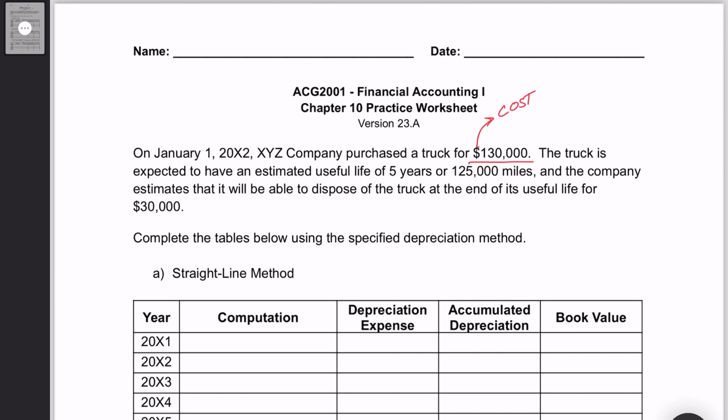The truck is expected to have an estimated useful life, here's our useful life again, of 5 years or 125,000 miles. And the company estimates that the truck will be able to be disposed of at the end of its useful life for $30,000. This right here, in essence, is our salvage value.